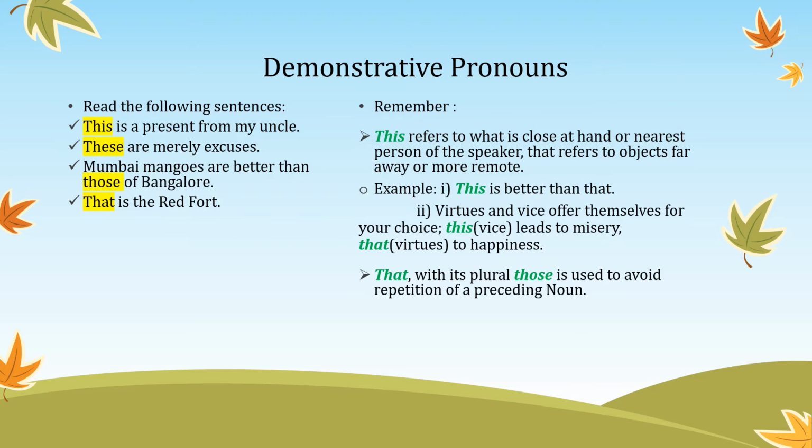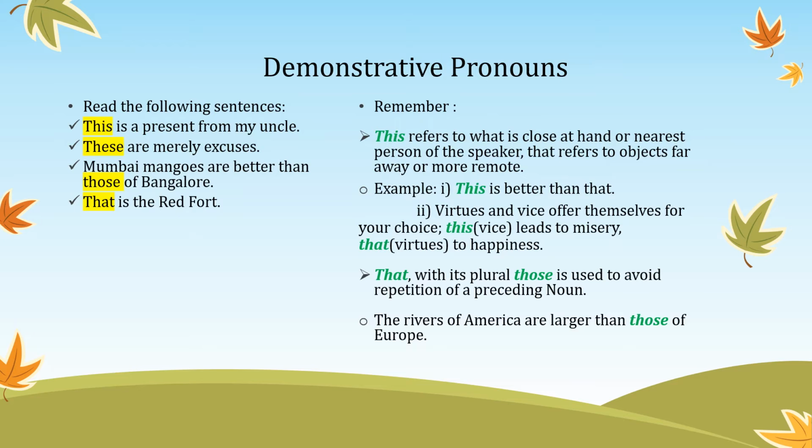So again, a point to remember for you all: that has its plural, those. When it comes to a plural form of object, those is used to avoid repetition of a preceding noun. Now an example to understand this point better: the rivers of America are larger than those of Europe.